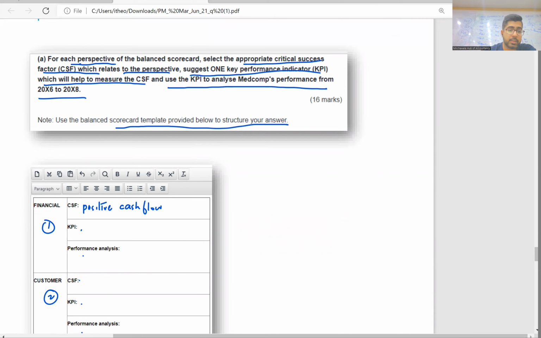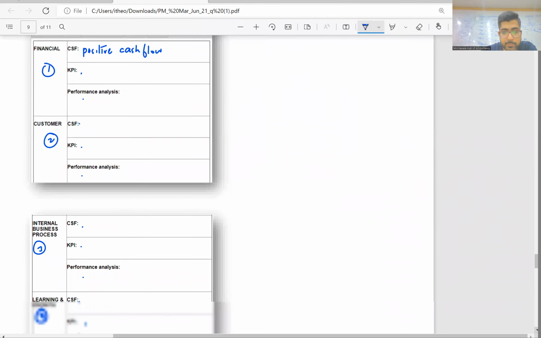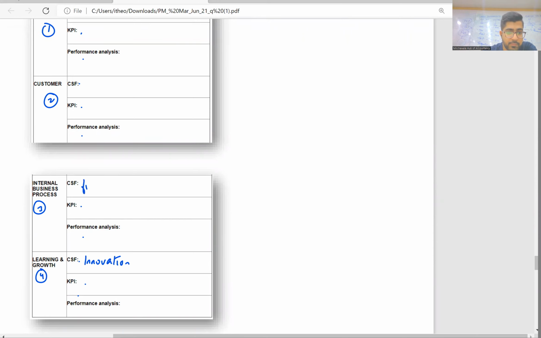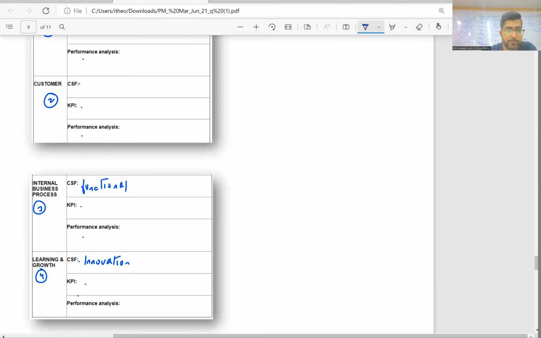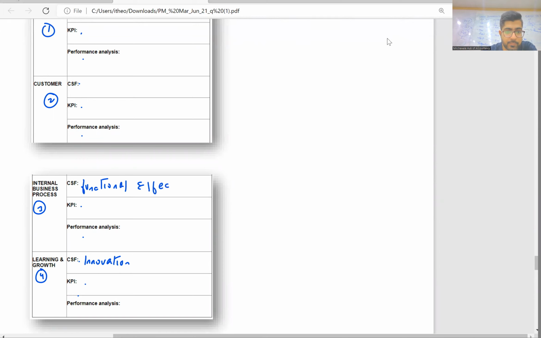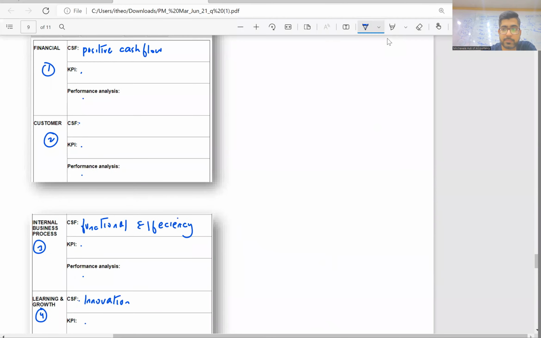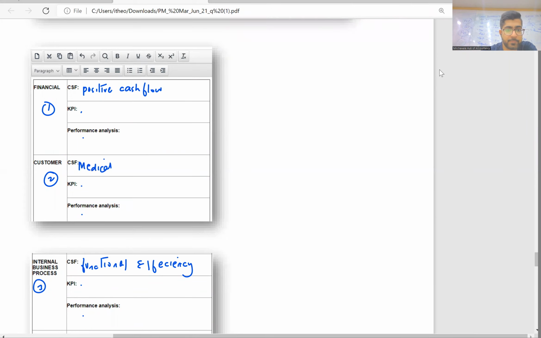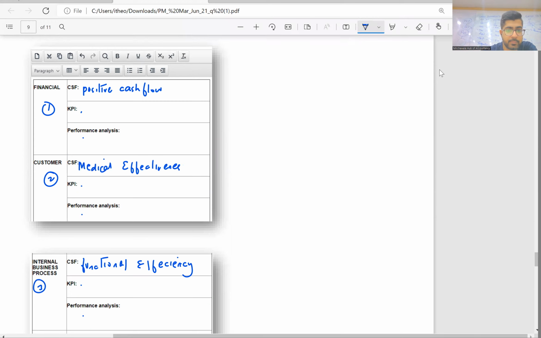Okay. Critical success factor for obviously learning and growth is innovation. For internal business, it relates to functional efficiency. And for customer, it's medical effectiveness.